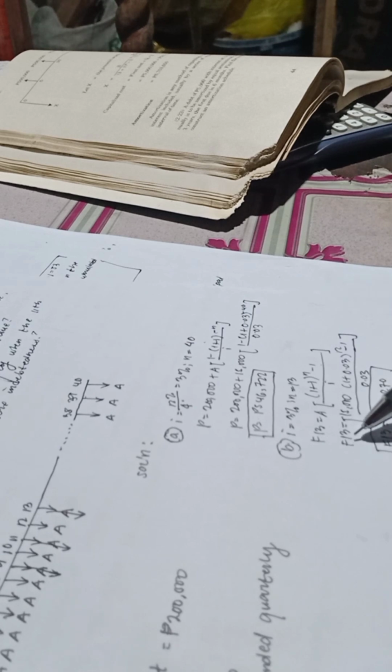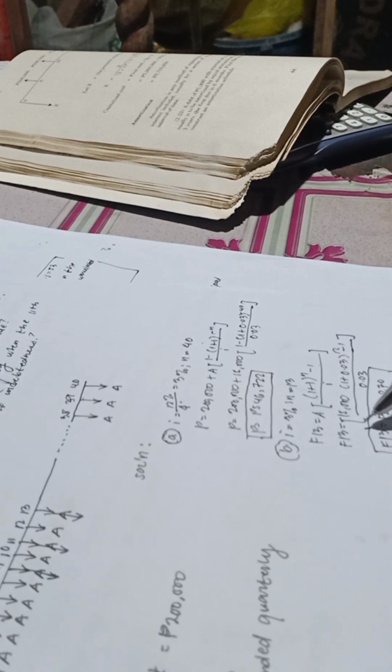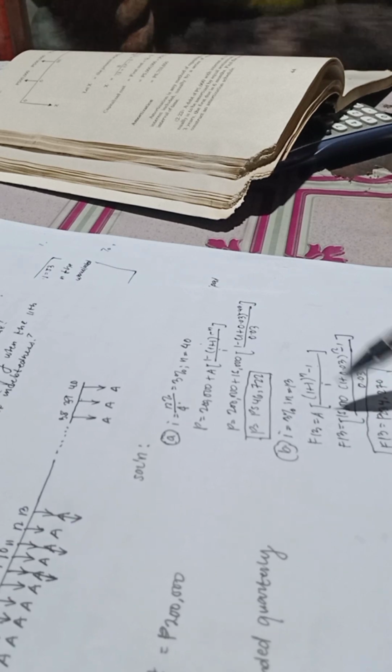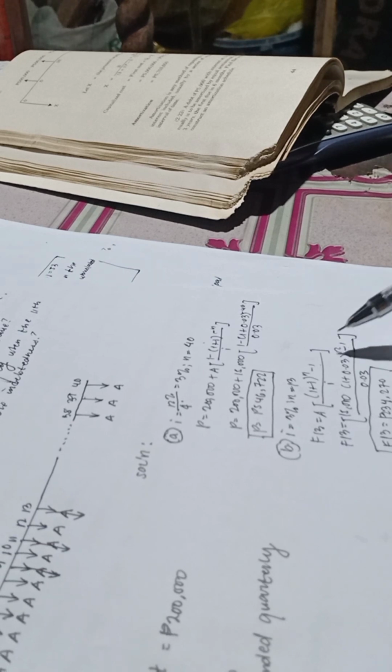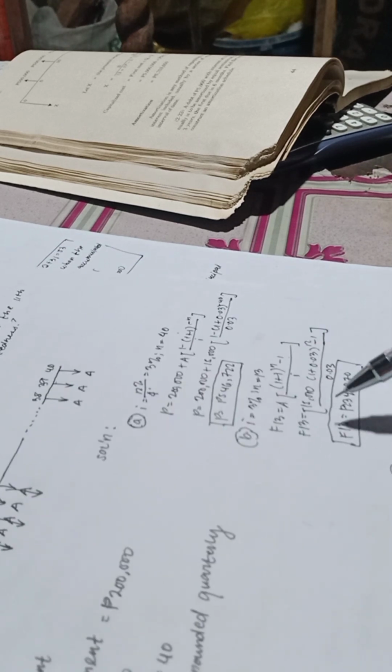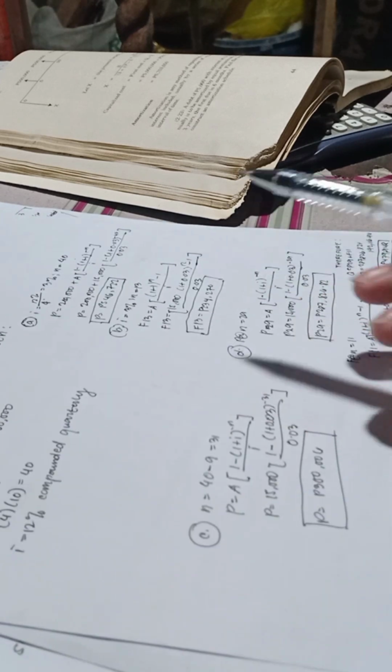Then F13 is equal to 15,000 times quantity of 1 plus 0.03 raised to 12 minus 1 over 0.03. Again, calculate this one. So the final answer of letter B is 234,270 pesos. So let's proceed to letter C.